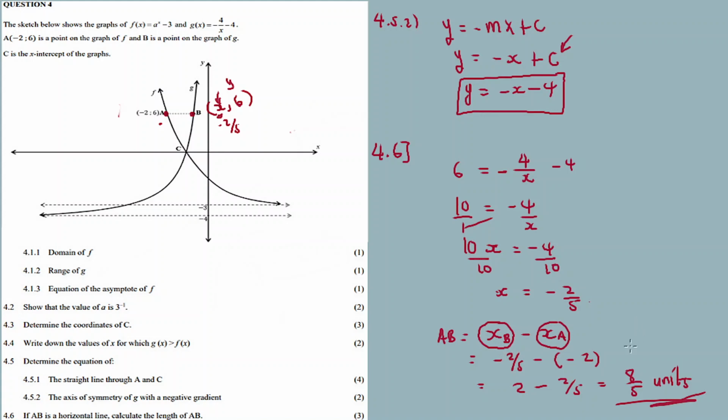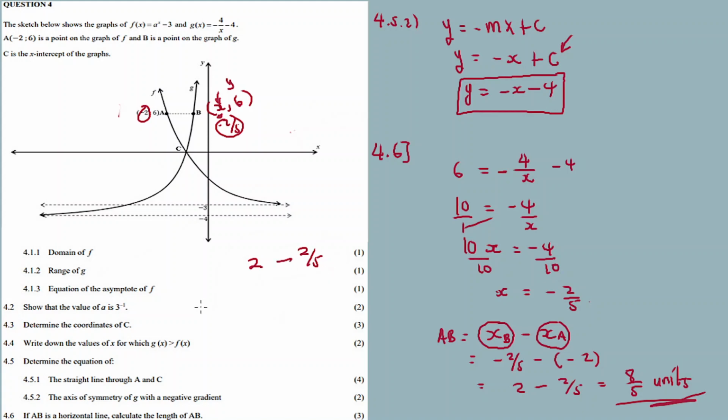Just to clarify something. Or you can just say, since in calculating distance you are going to be positive, we take positive 2 and 2 over 5.